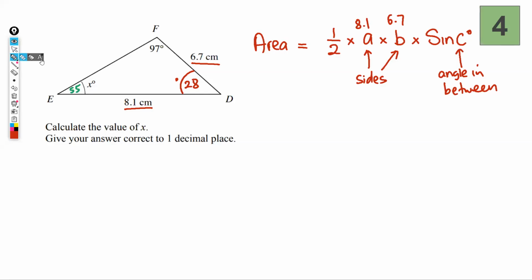So the angle in between the two sides is 28 degrees. So I'm going to type in a half multiplied by 8.1 multiplied by 6.7 multiplied by sine 28. You have to press the sine button.